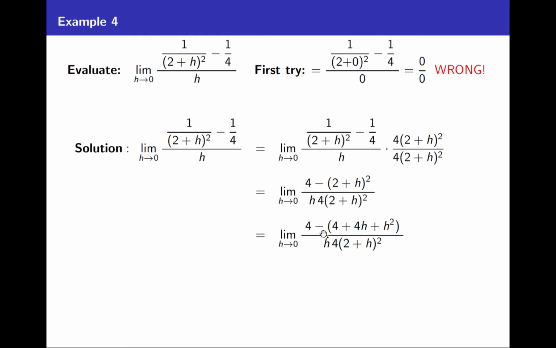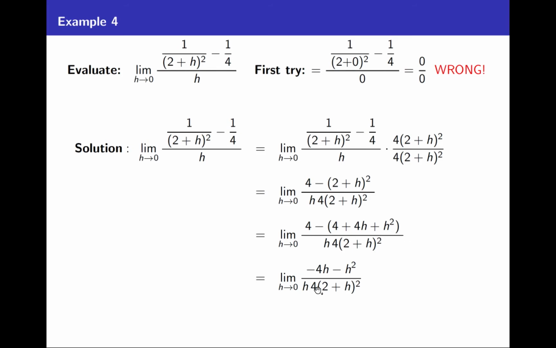Those cancel out, and that negative will change the 4h to a negative 4h and the h squared to a negative h squared. So after the 4's cancel, we get the limit as h approaches 0 of negative 4h minus h squared divided by h times 4 times (2 plus h) squared.